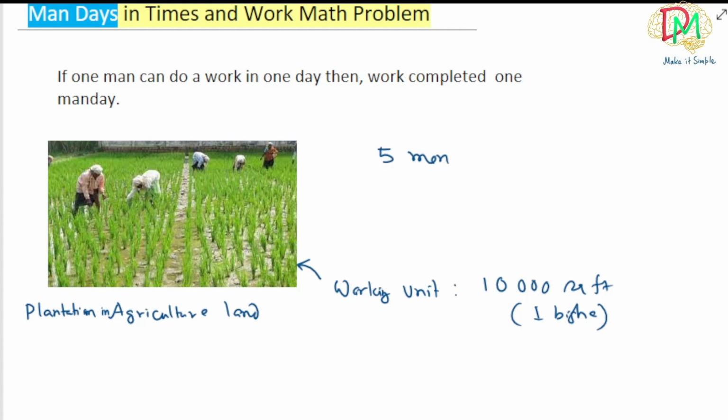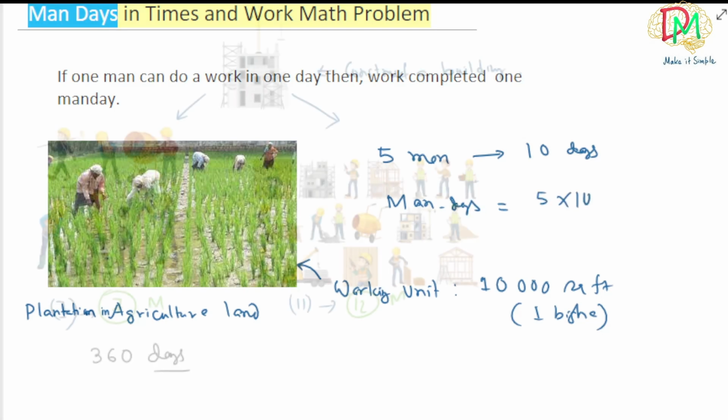For planting the crops in a 10,000 square feet area, 5 men require, for example, 10 days. So here one unit of measurement is the 10,000 square feet area plantation of crops, and another unit of measurement is man days. So here the man days is how much? 5 into 10 is equal to 50.